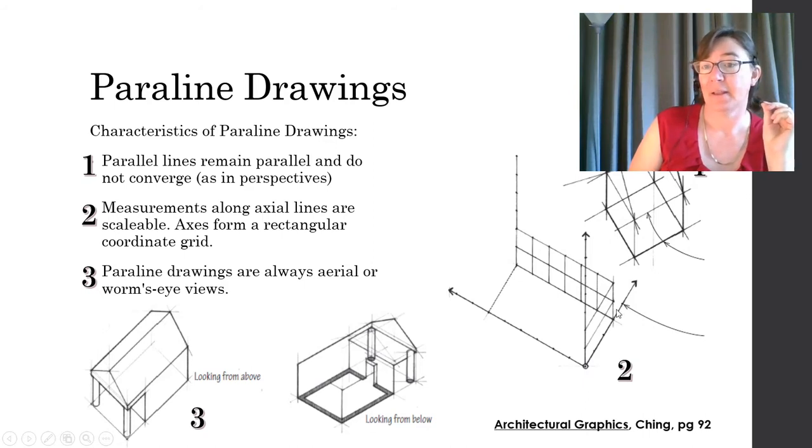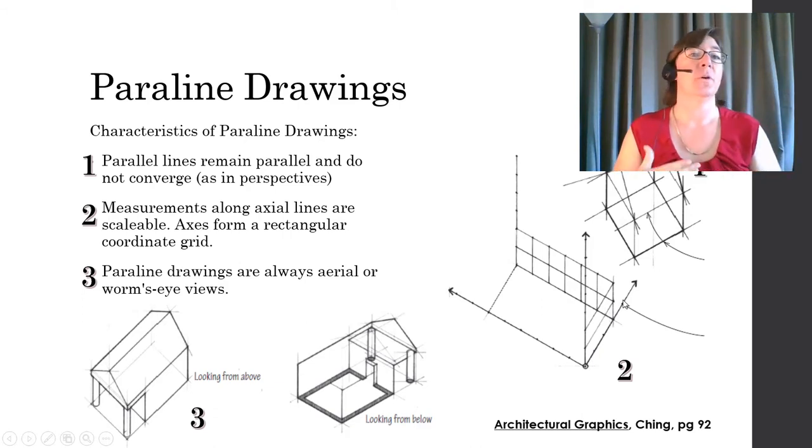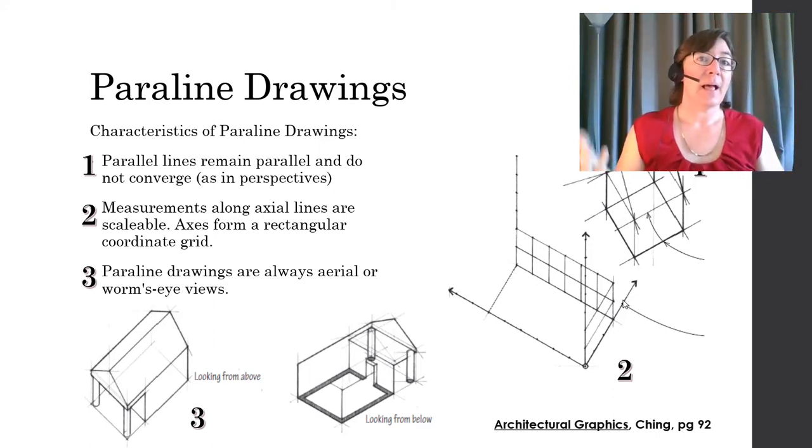The axes, maybe these are X, Y, and Z. These are the axes meeting at the origin point right here. And you can measure or scale along them to form a rectangular coordinate grid. And that grid will help you find any point in space.